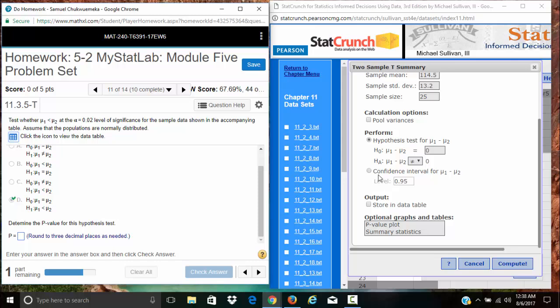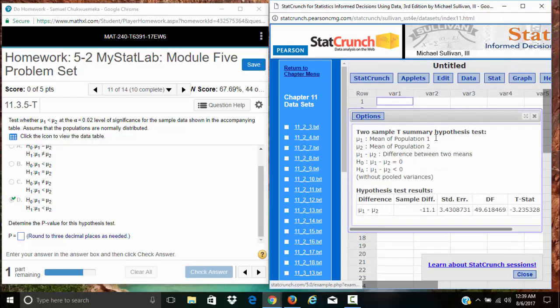So they are not asking for a confidence interval. They are asking for a hypothesis test. So the null is mu1 minus mu2 is 0. The alternative is mu1 less than mu2, which means mu1 minus mu2 is less than 0. That makes it one-tailed, left-tailed. And you just click compute.